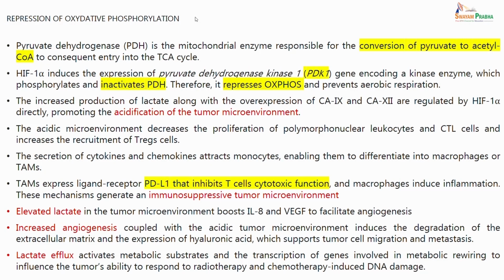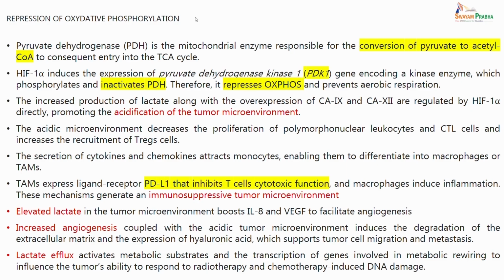Now, let us see how there is repression of oxidative phosphorylation which happens. Pyruvate dehydrogenase, PDH, it's a mitochondrial enzyme which is responsible for conversion of pyruvate to acetyl CoA. And this acetyl CoA will enter into the TCA cycle. Now, HIF1 alpha induces expression of the pyruvate dehydrogenase kinase 1.